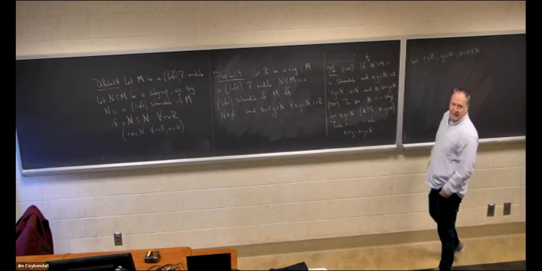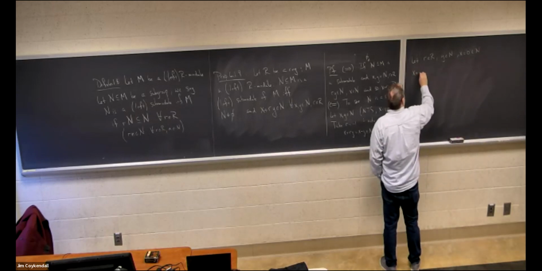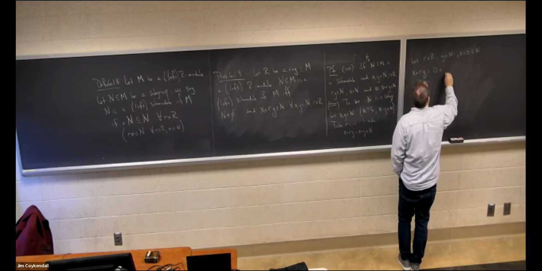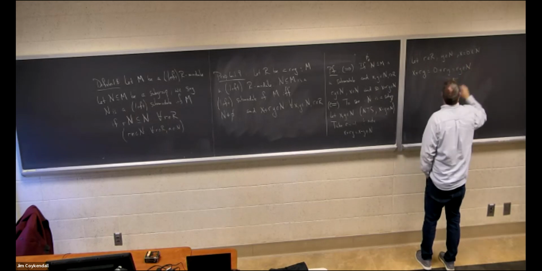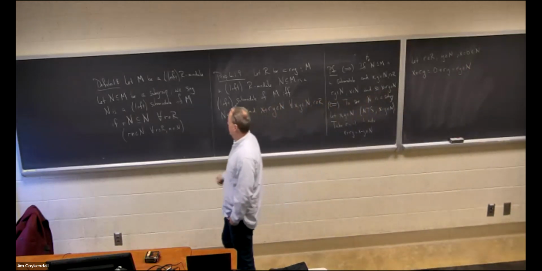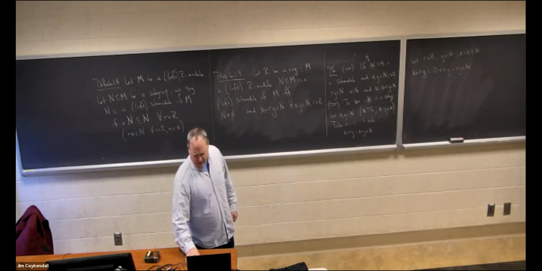And of course, 0 is in N. Notice that x plus ry equals 0 plus ry. So it's a submodule because we've also got this as well. Okay, any questions on that?